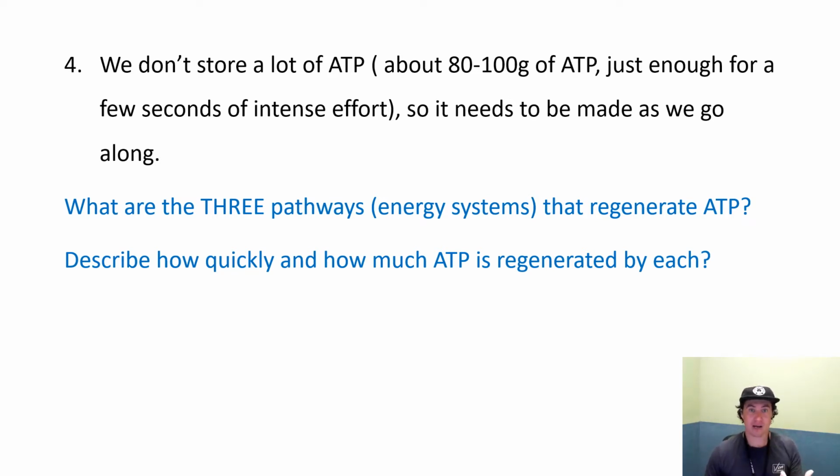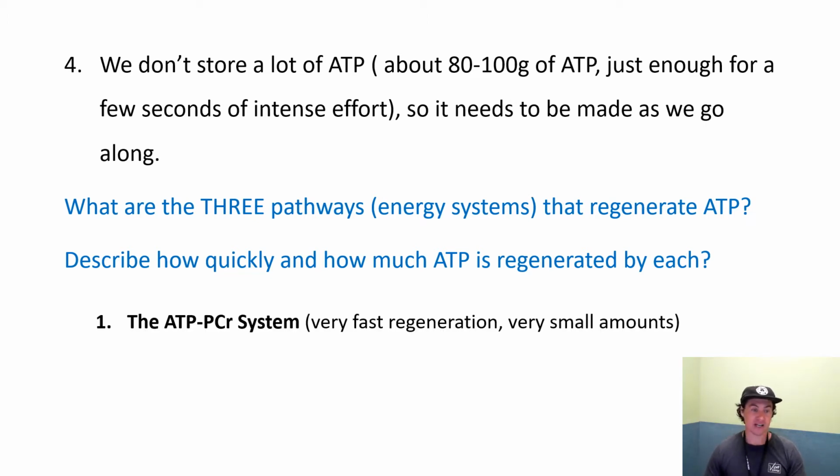So after our ATP stores are used, which is only for a few seconds, we then have the ATP PCR system. That's when a broken down ATP, which is in the form of ADP, is restored by a phosphocreatine molecule, which we also have stored in our body. It repackages ATP really quickly, but it only happens in small amounts.